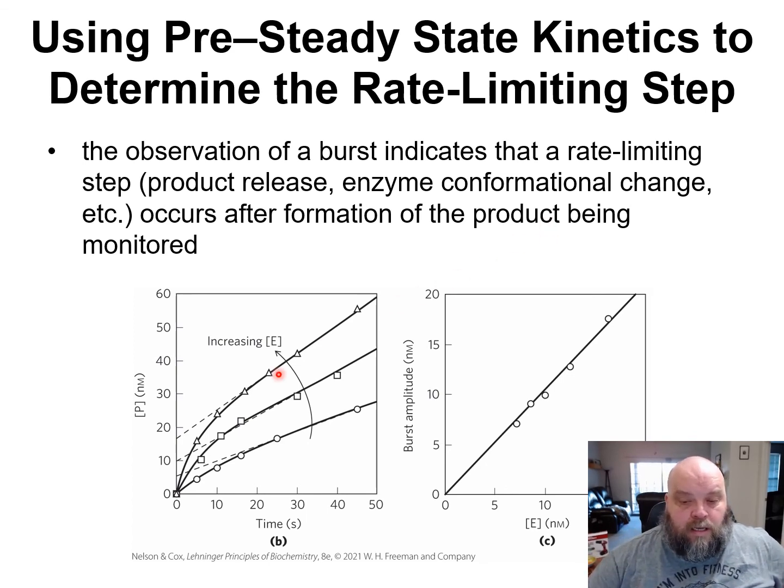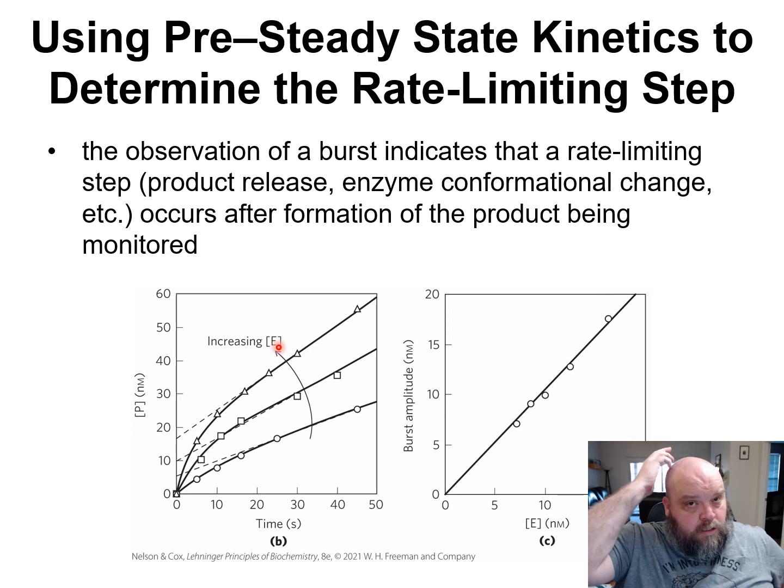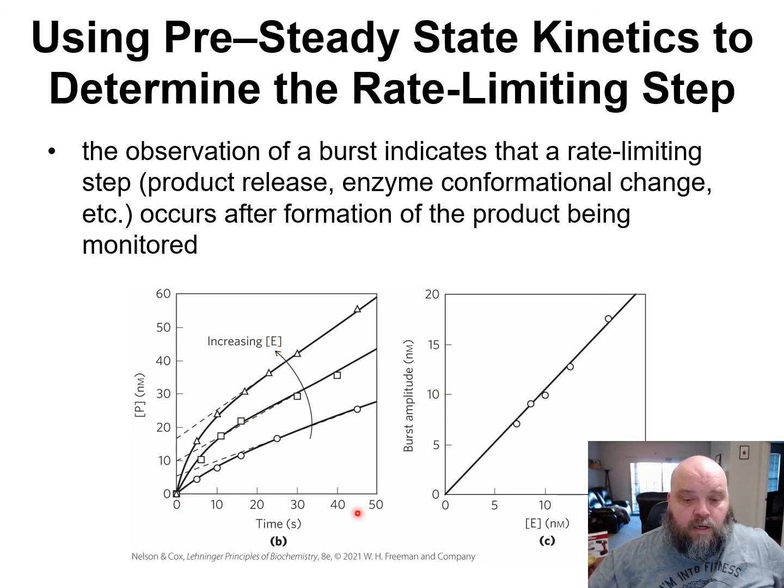And you can go and you can calculate this out by looking at what happens over time if we measure the product and we increase enzyme. So before, we've been increasing and decreasing substrate levels. Well, here we're going to ignore substrate levels and we're just going to look at increasing enzyme and measuring the increased product over time.